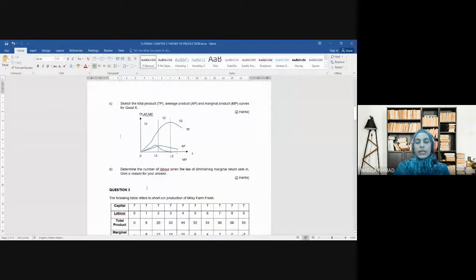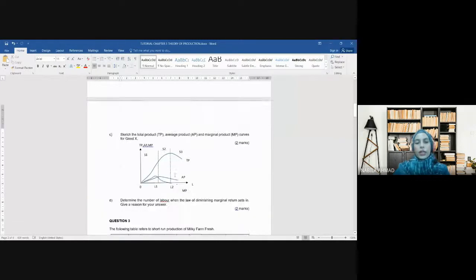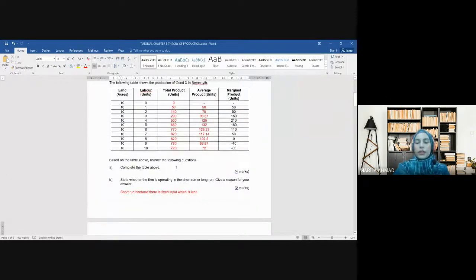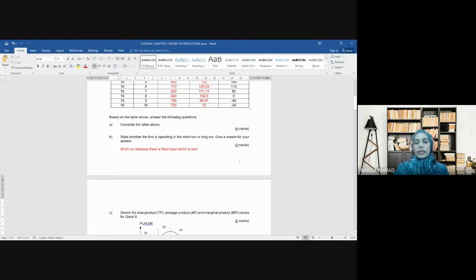Okay. Determine the number of labor when the law of diminishing marginal return sets in. Give a reason for your answer. So bila diminishing return berlaku? Tengok marginal product. So di manakah marginal product decline? Siapa boleh bagi tahu saya? Labor yang ke berapa? 5. Okay.